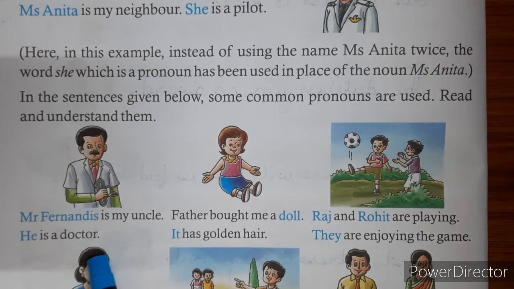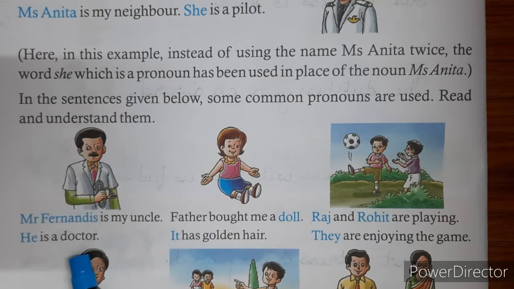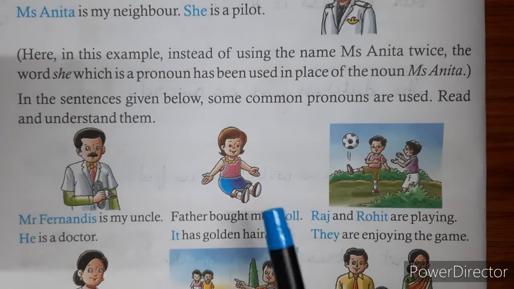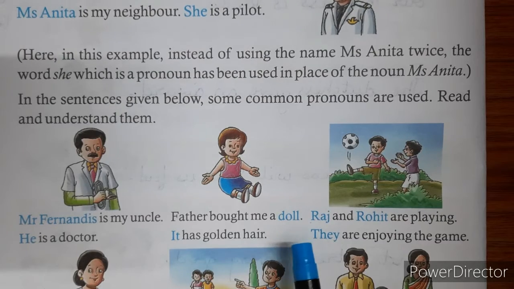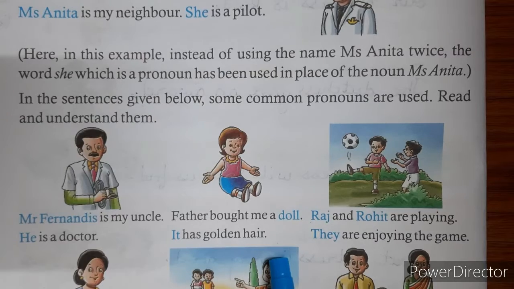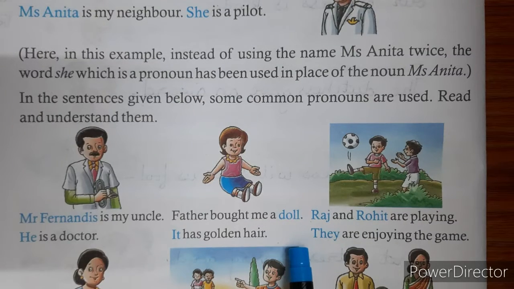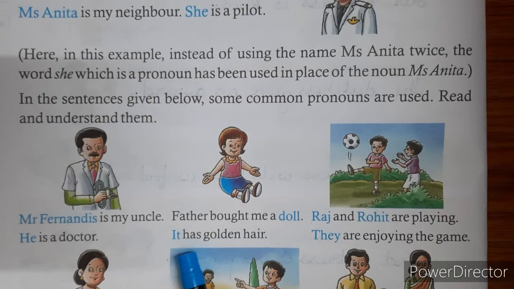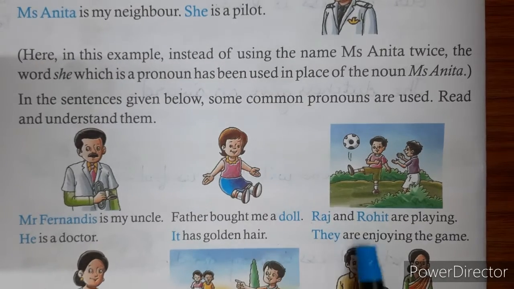So we have used the pronoun he instead of using Mr. Fernandez twice in the sentences. Next picture is of a doll. Father bought me a doll. Doll is a common noun. Now, it has golden hair. So we are talking about the doll's hair. Instead of saying doll, doll again, we have used the pronoun it to describe the doll's hair.